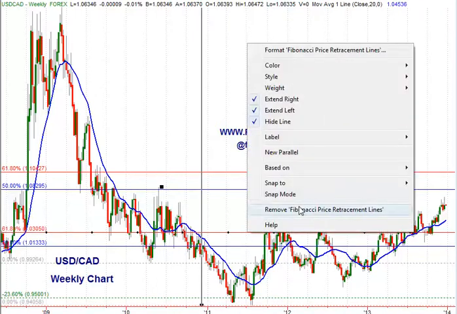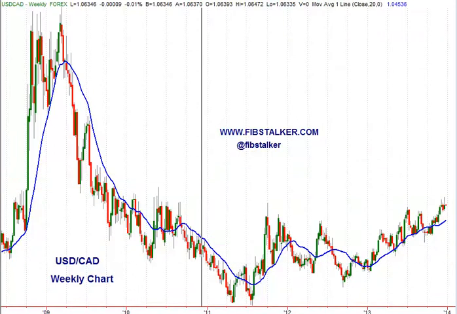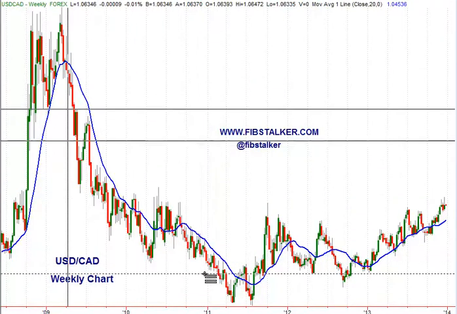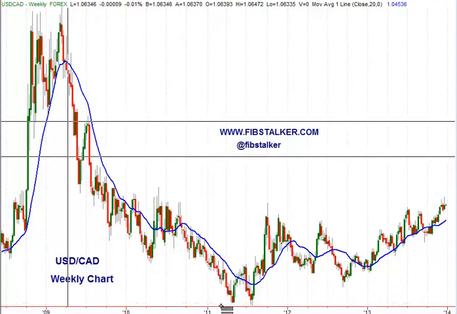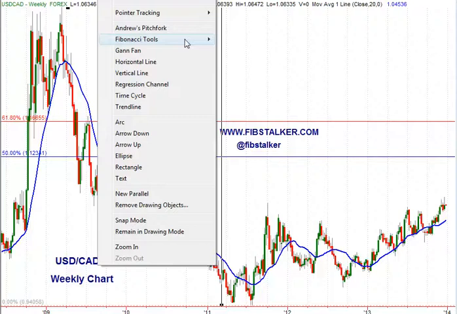So on one side we might think that actually this trend in the Canadian dollar could be inverted.